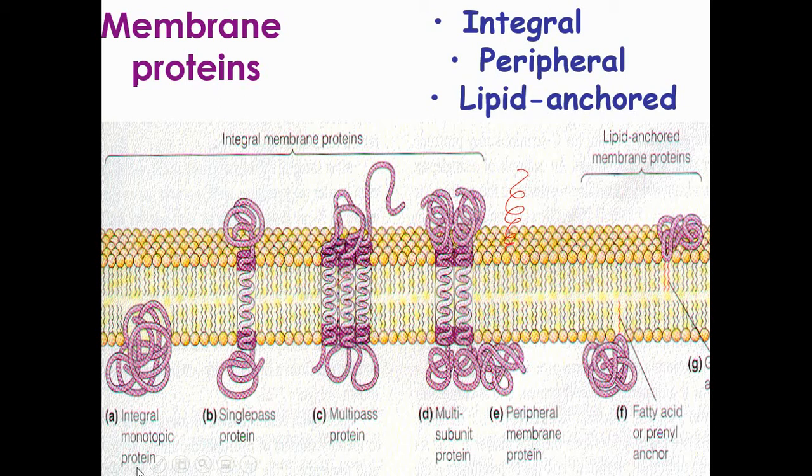We have integral monotopic protein, single pass protein. Single pass meaning it's like a transport protein where only one can pass through, and then we have multi-pass protein. We have a multi-subunit protein, peripheral membrane protein, fatty acid or prenyl anchor, and then we have lipid-anchored membrane proteins. Okay.